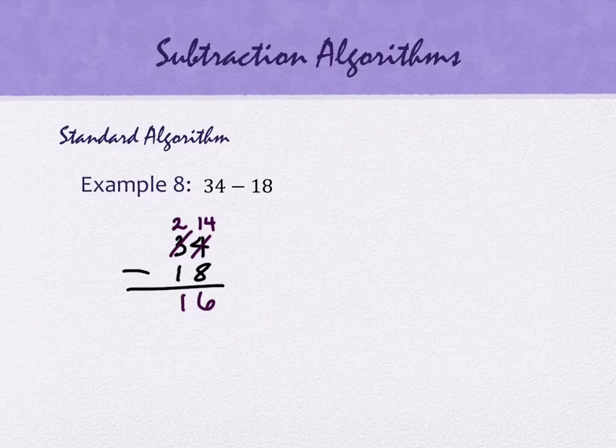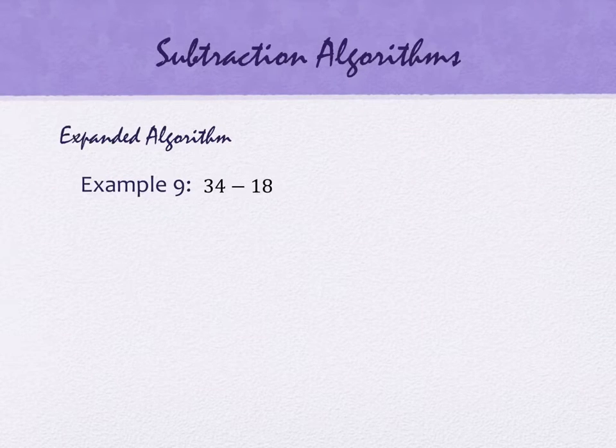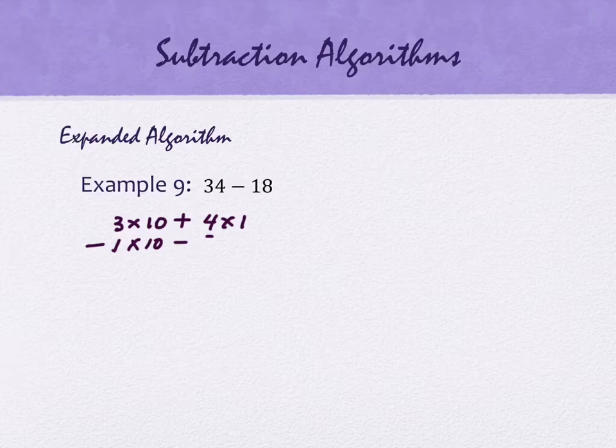And then we can talk about the expanded algorithm. So far this looks just like what we did with addition, right? Expanded algorithm. We can talk about it in one of 2 ways. We can say that we have the 3 times the 10 plus the 4 times the 1. And I need to subtract 1 times 10 and also subtract 8 times 1, right? Because I got to subtract both pieces.